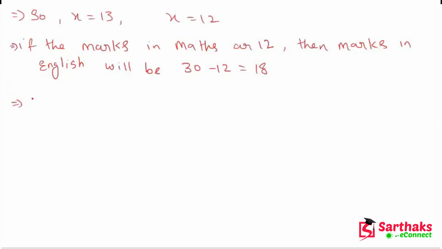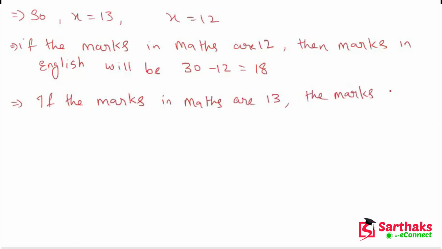And if the marks in maths are 13, then the marks in English will be 30 minus 13, which is equal to 17.